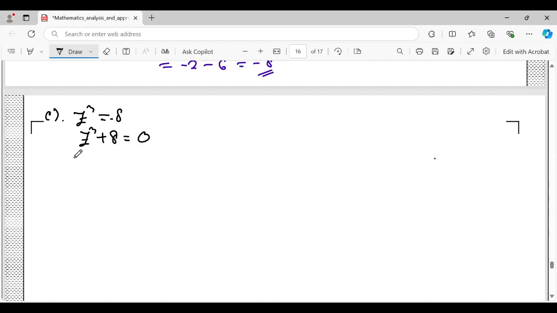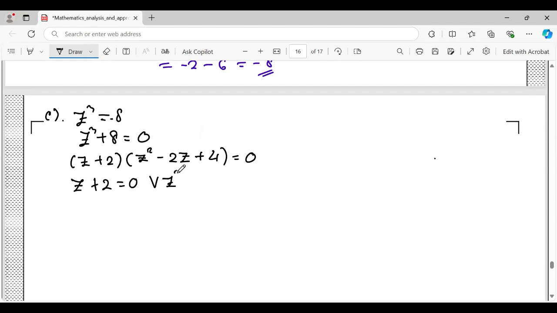So the factorization is (z plus 2) times (z squared minus 2z plus 4). If we multiply this term and this term, the result equals z cubed plus 8 equals 0. So it means z plus 2 equals 0, or z squared minus 2z plus 4 equals 0.